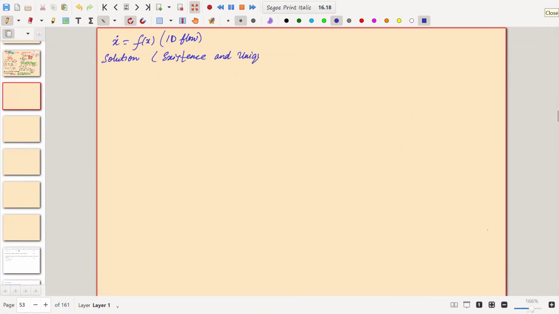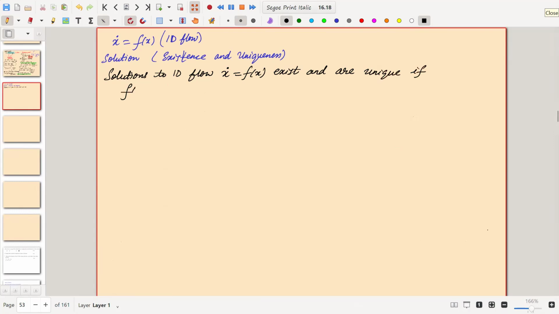The idea is simple: the solutions to the 1D flow x dot equals f of x exist and are unique if f of x and the derivative f prime of x are continuous and differentiable respectively.